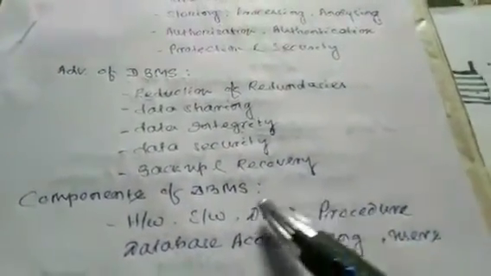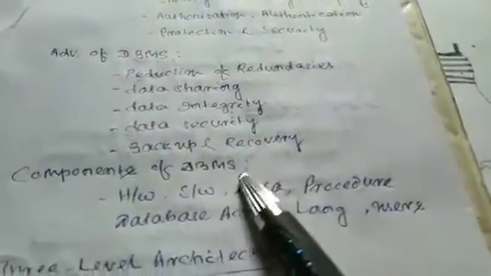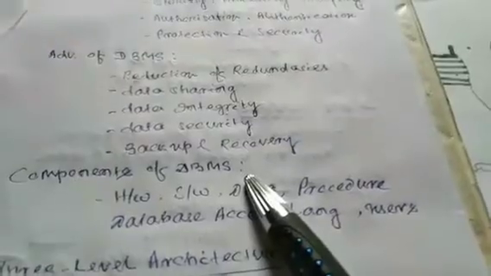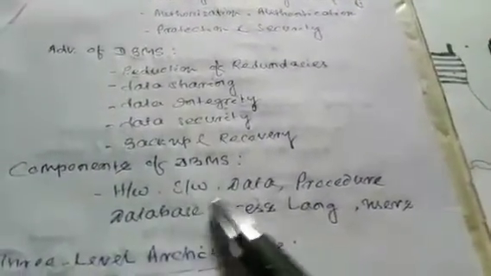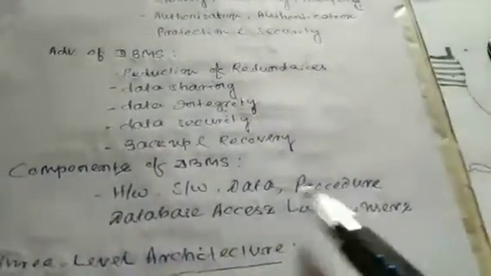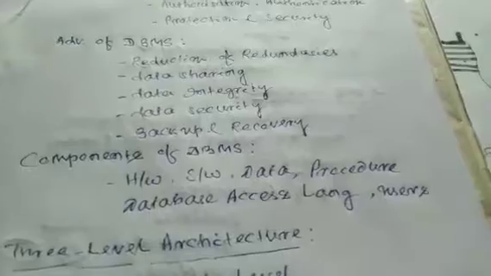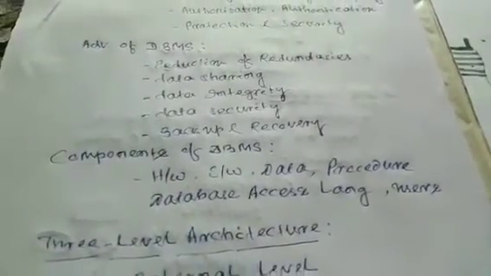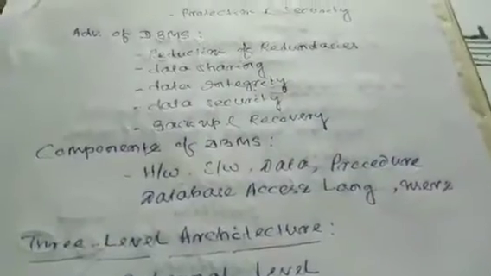Next we discussed the components of database management system. Basically we have hardware, software, data, procedure, database access language and users. We drew a diagram considering all these points.